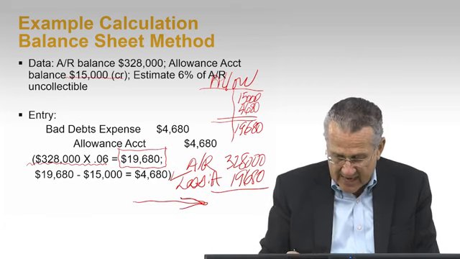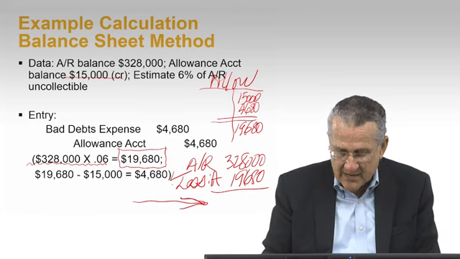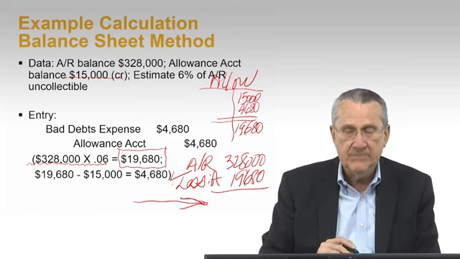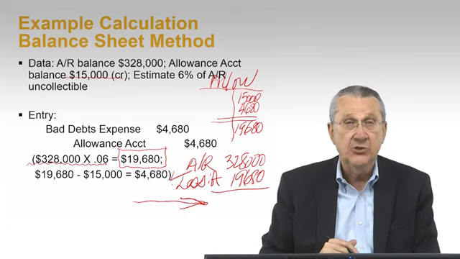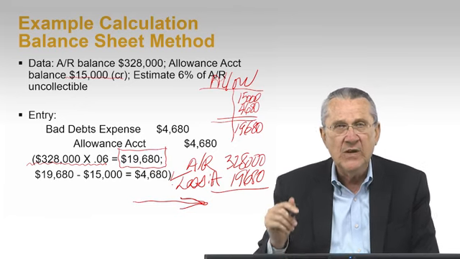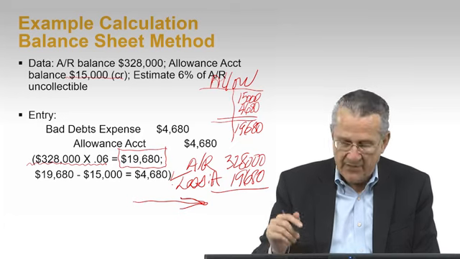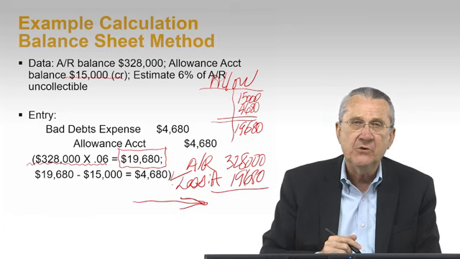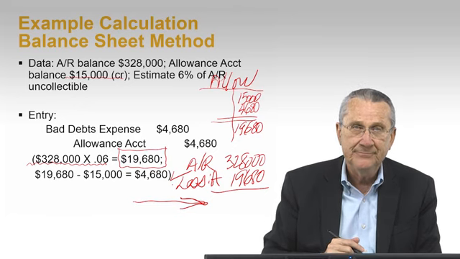And to that extent, the amount that we don't believe we'll be able to collect, the $19,680, should be subtracted from accounts receivable to yield the balance that we do believe can be collected, that balance that will be used to compare with current liabilities in the current ratio, right?